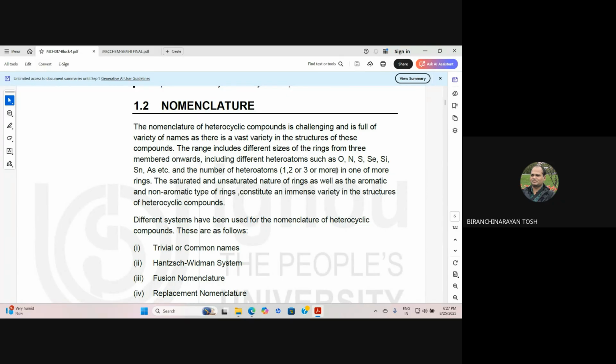But in the case of a 3-membered ring, there may not be 2 heteroatoms because of, as you know, Baeyer's strain theory. Very few compounds contain heteroatoms in a 3-membered ring, maybe only oxygen and sulfur, if you consider the heterocyclic compound containing a 3-membered ring.